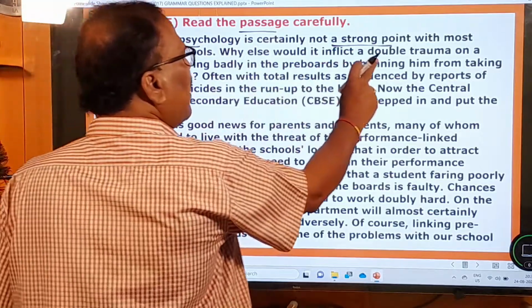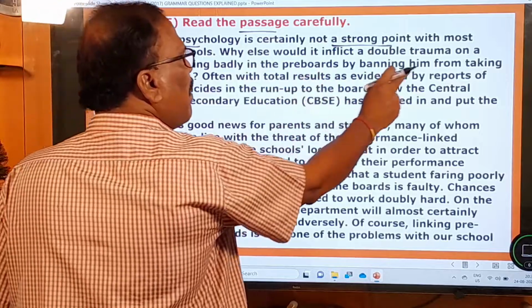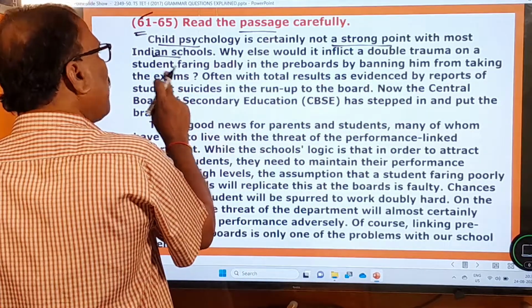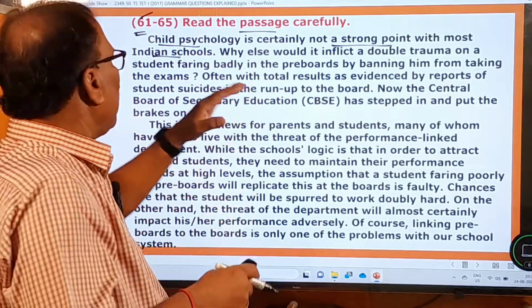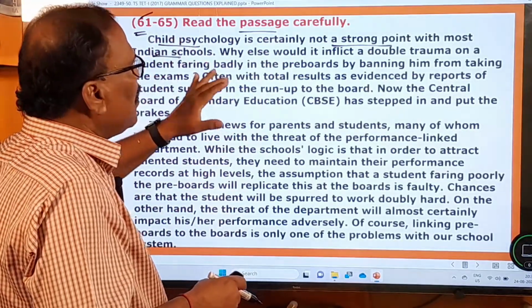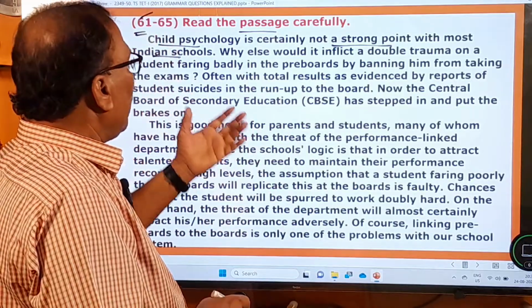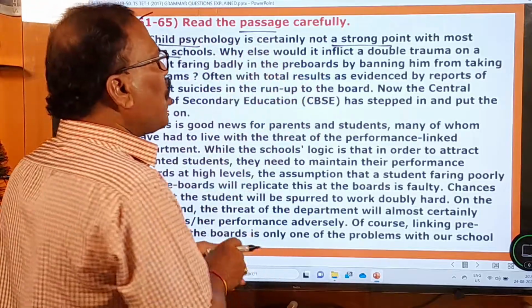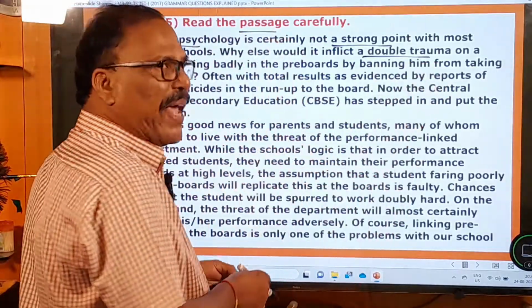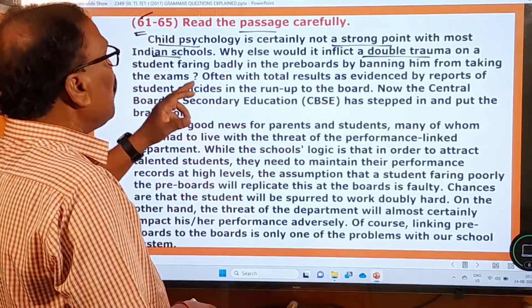Why else would it inflict a double trauma on a student faring badly in the pre-boards by banning him from taking the exams? When they consider child psychology as an unimportant or insignificant point, therefore what are they doing? They are just inflicting a double trauma. Double trauma means double pain, double punishment to the children. For which students?